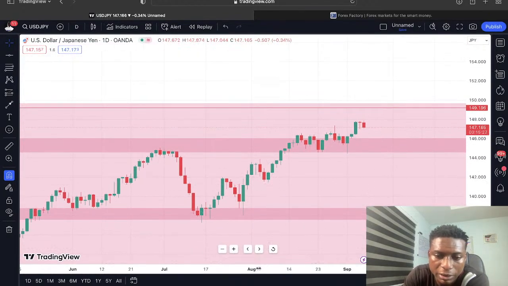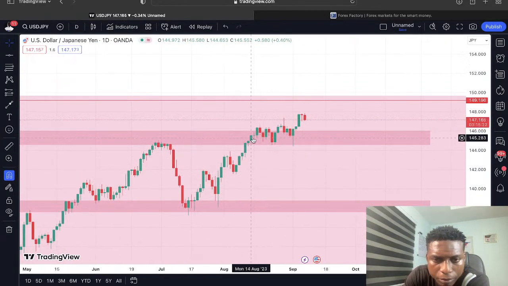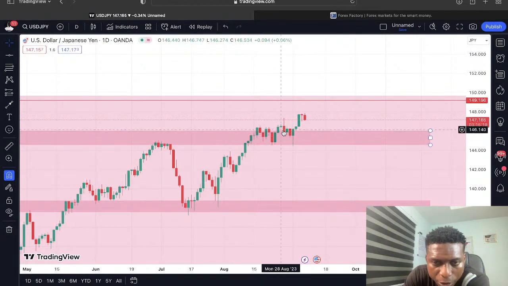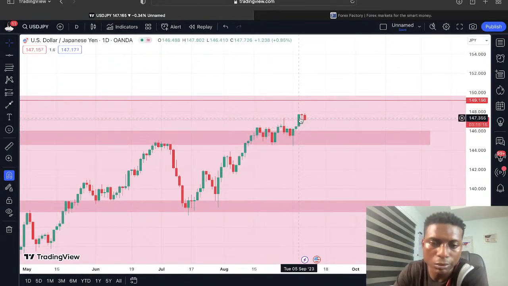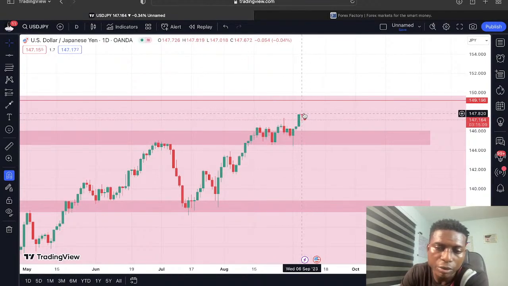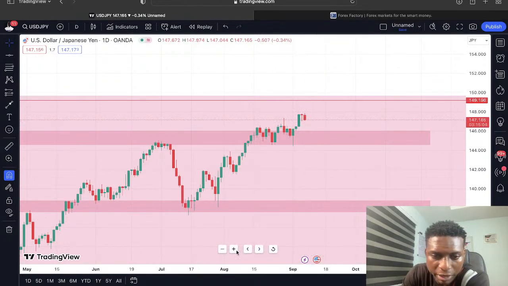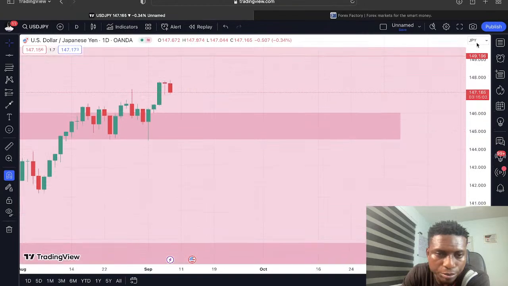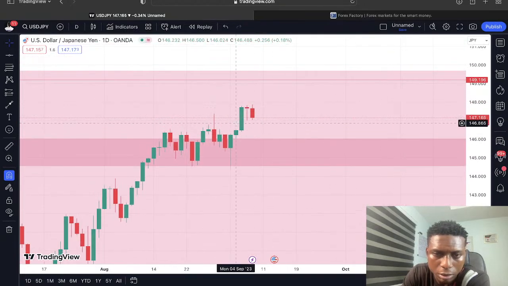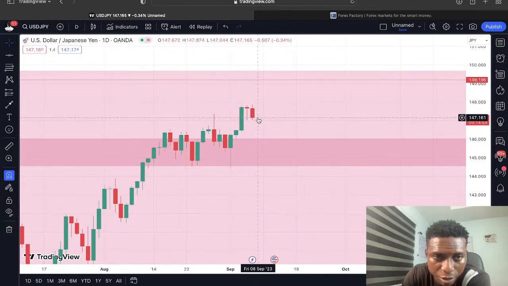So now we can see that price rallied at this point, then broke out of this level, the resistance zone. Yesterday we saw the buy pressure push price and create a bullish pin bar, as you can see here. However, today seems to be different, seeing price pressure downwards.